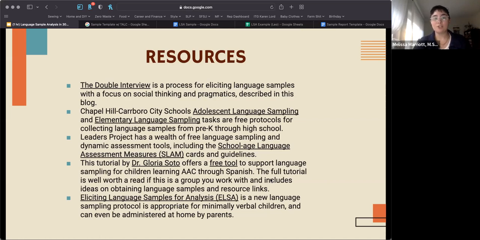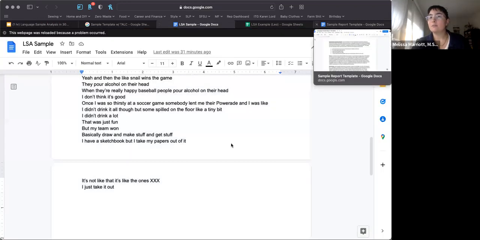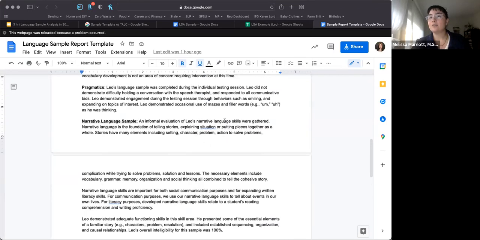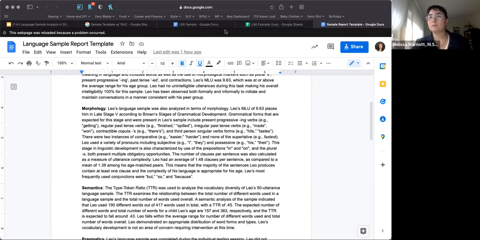So then again, you can transcribe it and analyze it very much in the same way as a conversation, but you get this whole focus on pragmatic skills as well, which I think, oh, not here. I did not add the report template for it to this report template, but I will. So you guys will have access to that too.